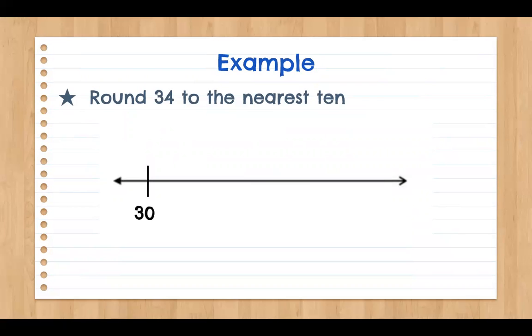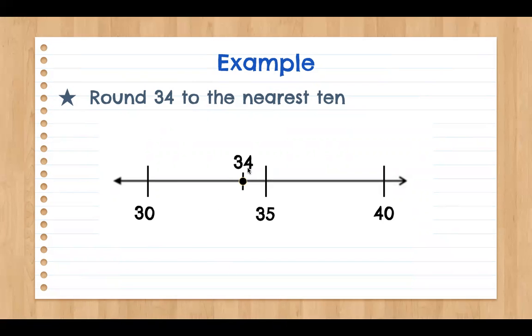We have 30, 35, and 40. So where do we place the 34 on the number line? Yes, close to 35. So which 2 numbers is 34 between, 30 and 40?